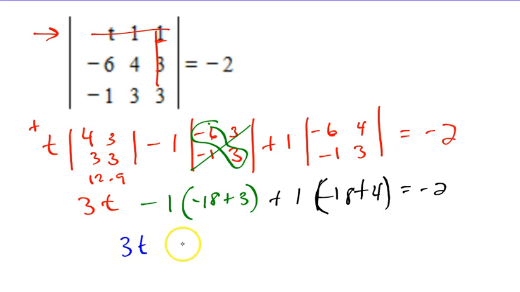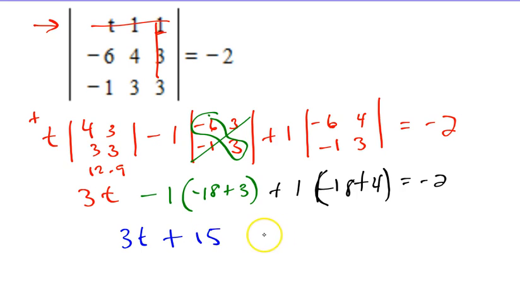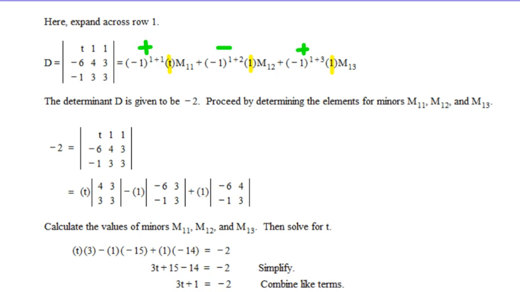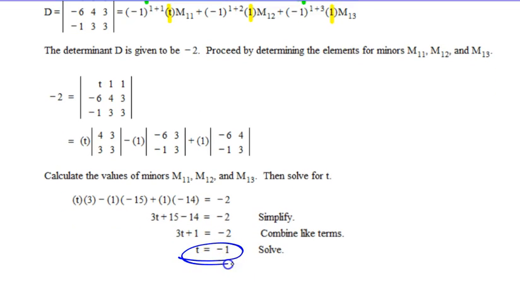So 3t plus 15 minus 14 equals negative 2. 3t equals negative 3, t equals negative 1. And the author ends up with the same.